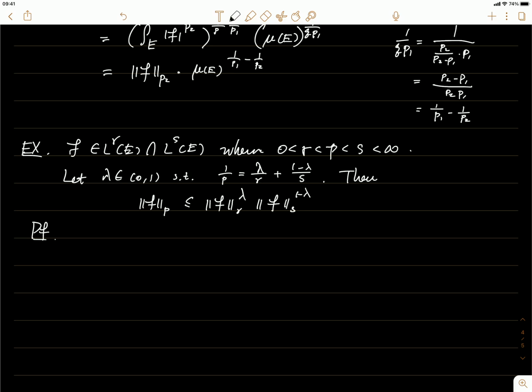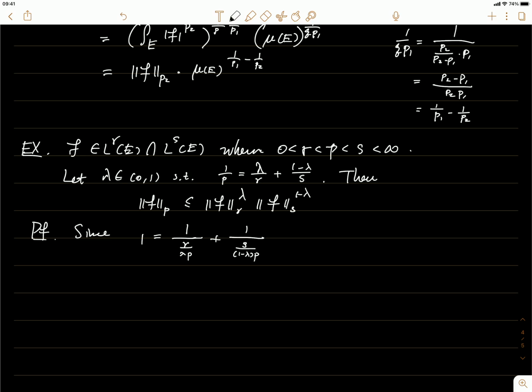One thing you can notice is that if we multiply p on both sides, then we can show that 1 is equal to 1 over (r over lambda p) plus 1 over (s over (1 minus lambda) p).